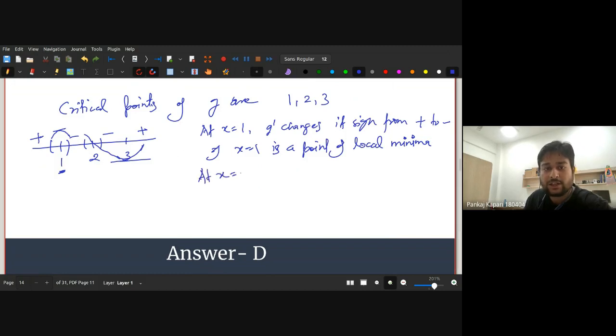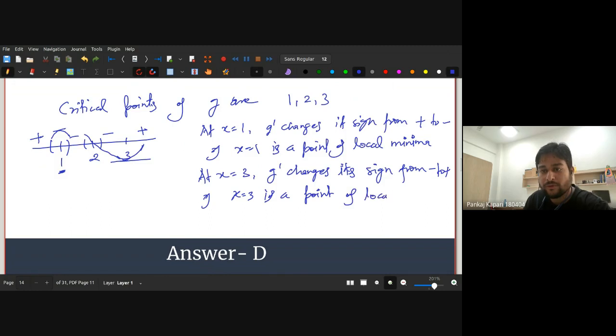Similarly at x equal to 3, the derivative g prime changes its sign, this time from negative to positive, and therefore x equal to 3 is a point of local minima. Again, this was the point of local maximum, and this is a point of local minimum.